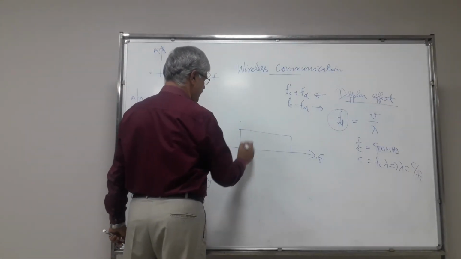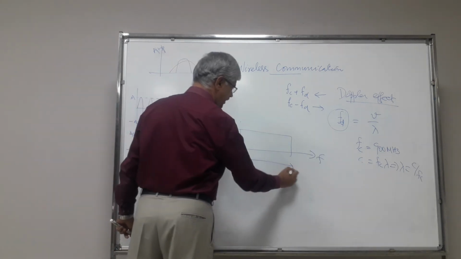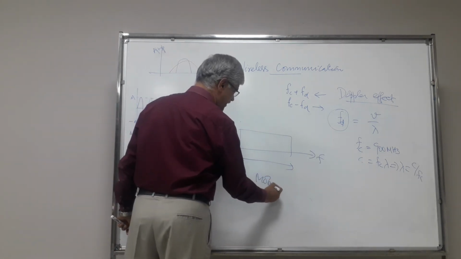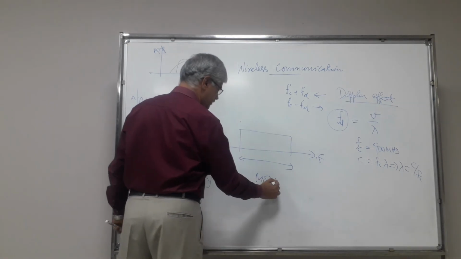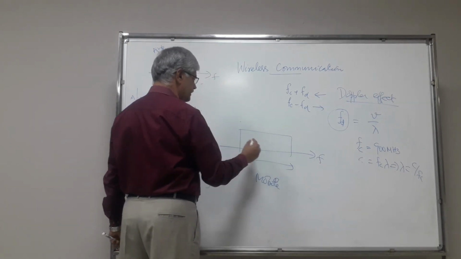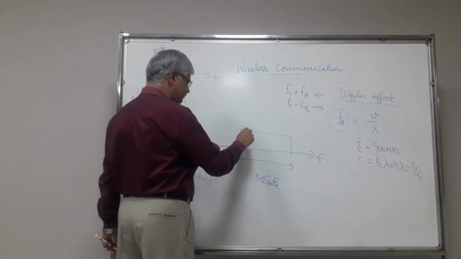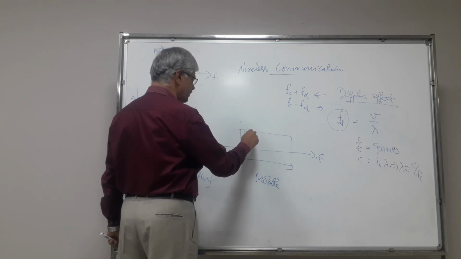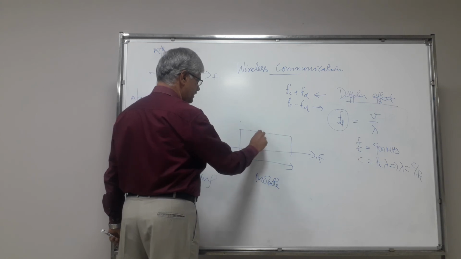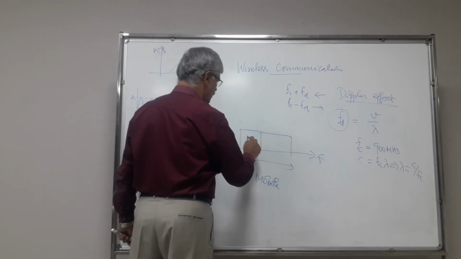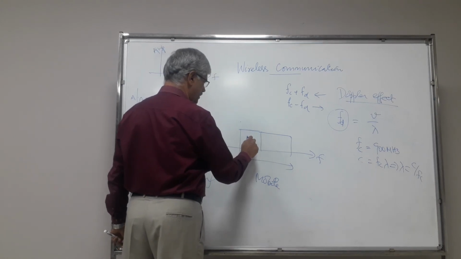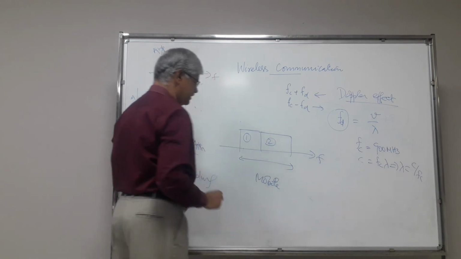Suppose this is the bandwidth allocated for the mobile band, let's say wireless communication, and somebody has purchased this band, and I divide it into two bands. One organization has purchased this, and another organization has purchased this.